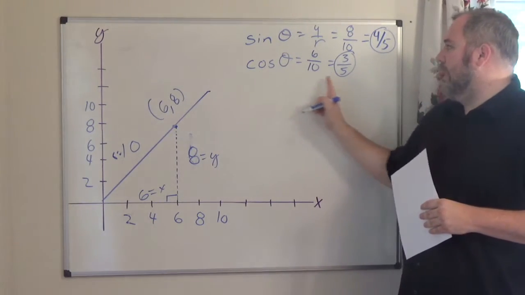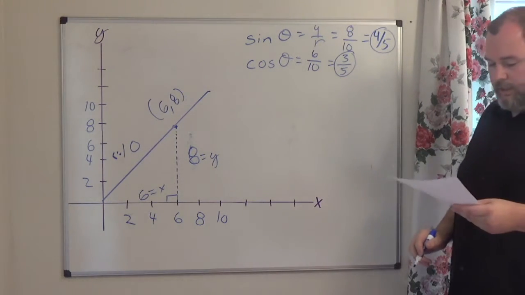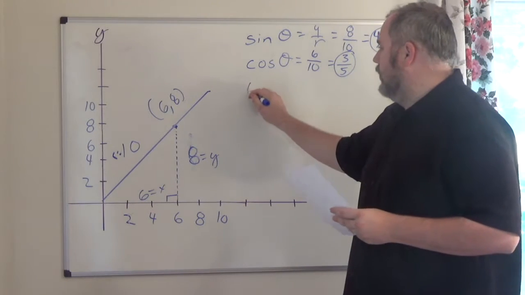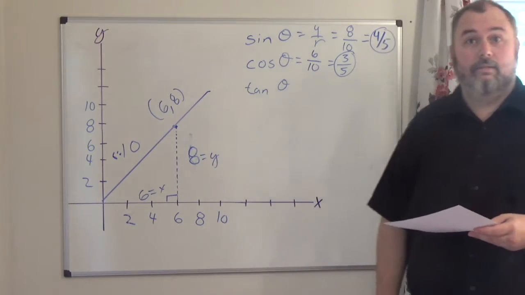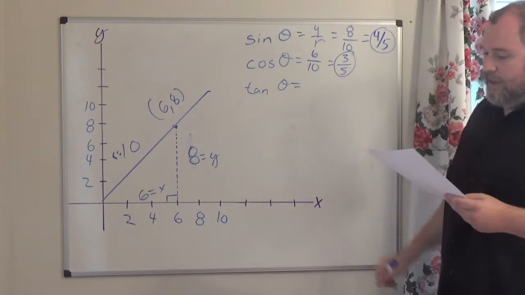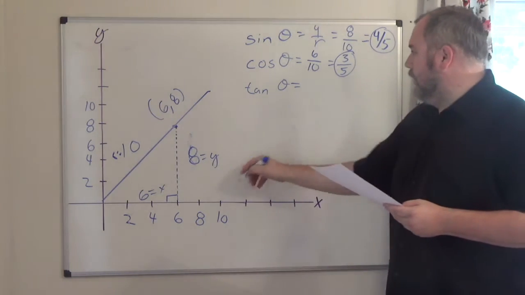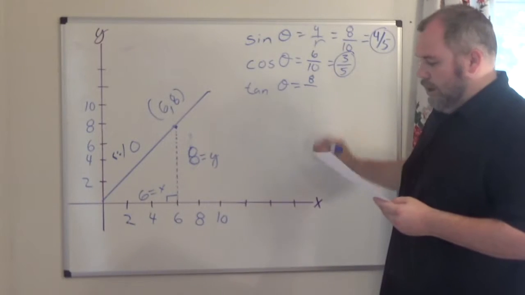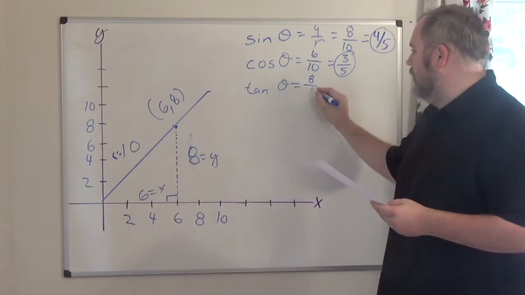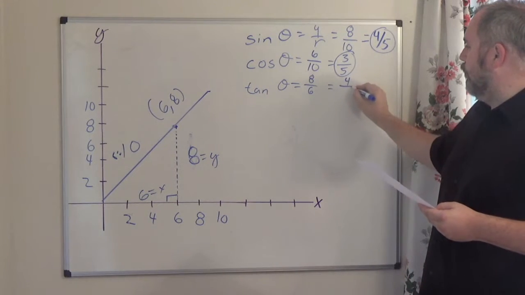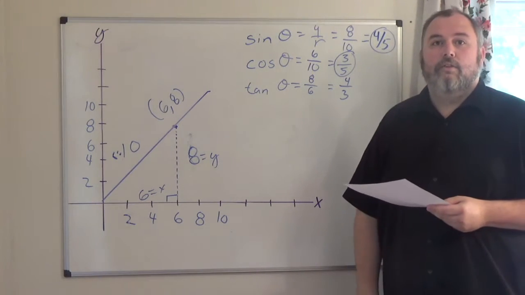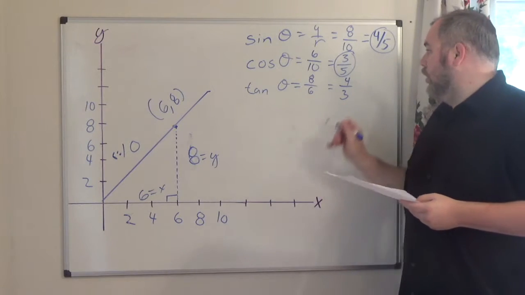So cosine of theta is 3/5. Let's do the next one. Tan of theta, or tangent of theta. Well, our tan of theta is going to be y over x. That's going to be 8 over our x, which is 6. We can reduce this to 4/3. Okay? So, our tan of theta is 4/3.